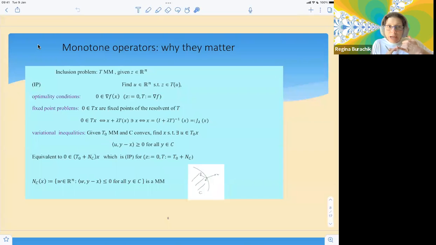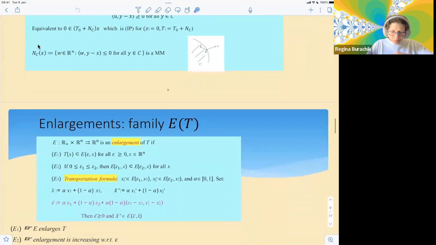You need this operator to have a closed graph, and also you may need some inner semi-continuity properties. Those are also important in convergence analysis. And this means that you may want to approach the graph of your operator by some other point-to-set map, which has that inner semi-continuity property that you look for when you devise methods for solving these problems.